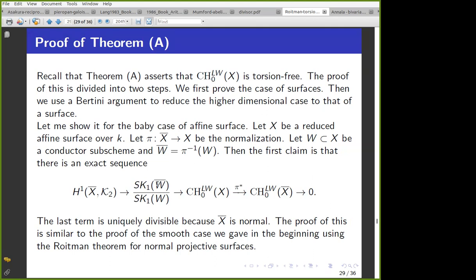Then if you do some diagram chase, all you need to prove to finish the proof that this Chow group of X is uniquely divisible is that H1 of X bar with coefficients in K2 is divisible, not uniquely divisible, only divisible. So the whole problem left is to prove this group is divisible, and that is the heart of the proof.